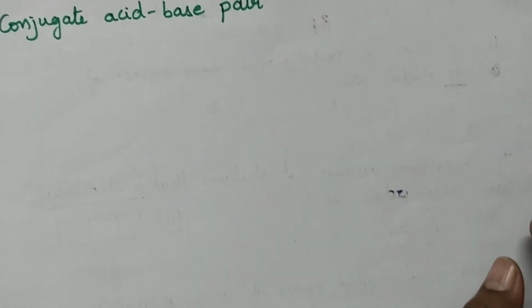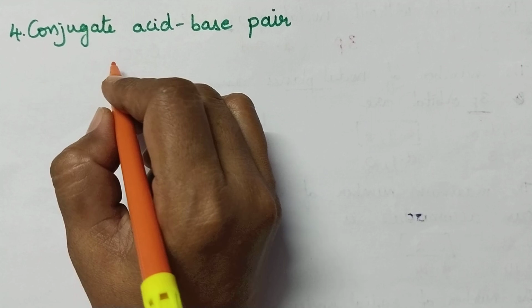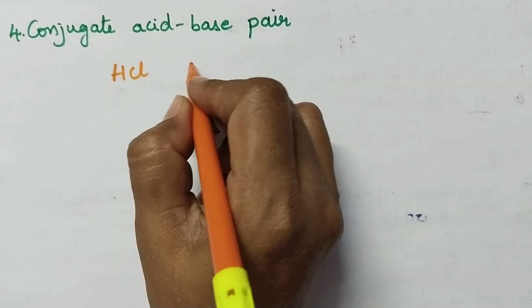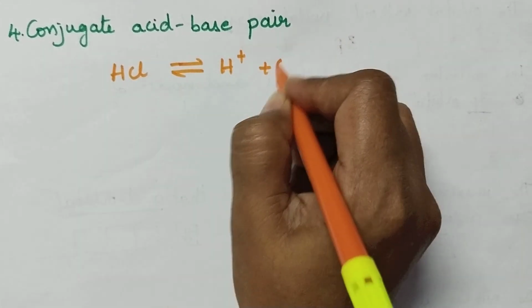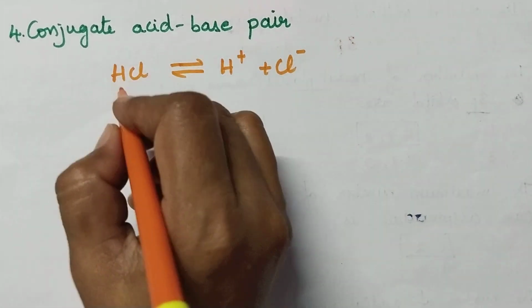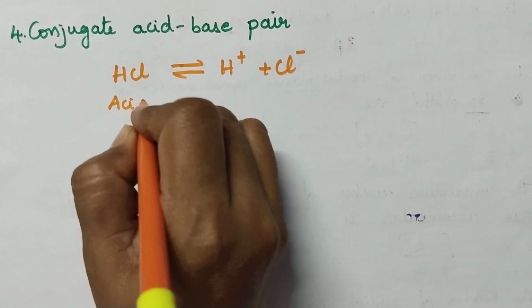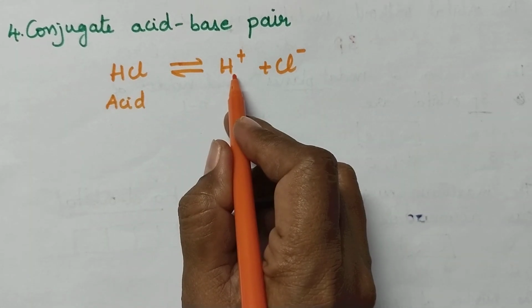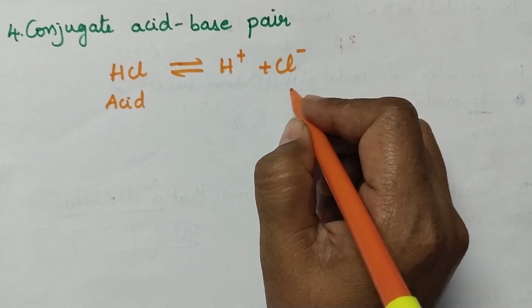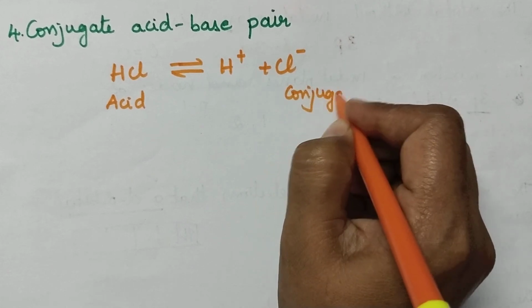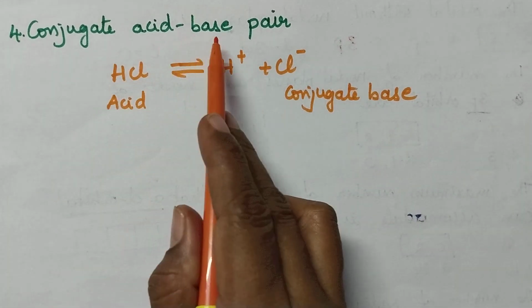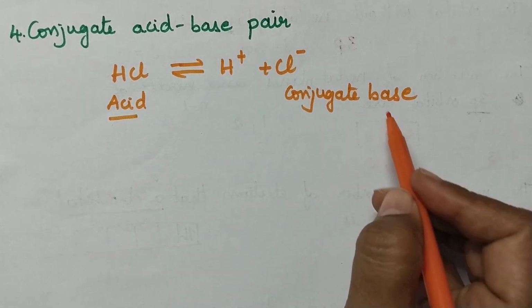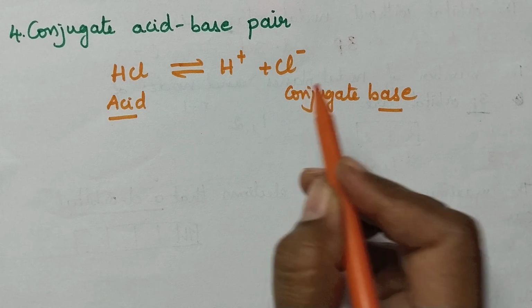Consider HCl, it dissociates into H plus and Cl minus. No doubt at all, HCl is an acid. So it donates a proton. With the result, what happens? It results in the formation of a conjugate base. So a conjugate acid-base pair means an acid-base pair differing by one proton.